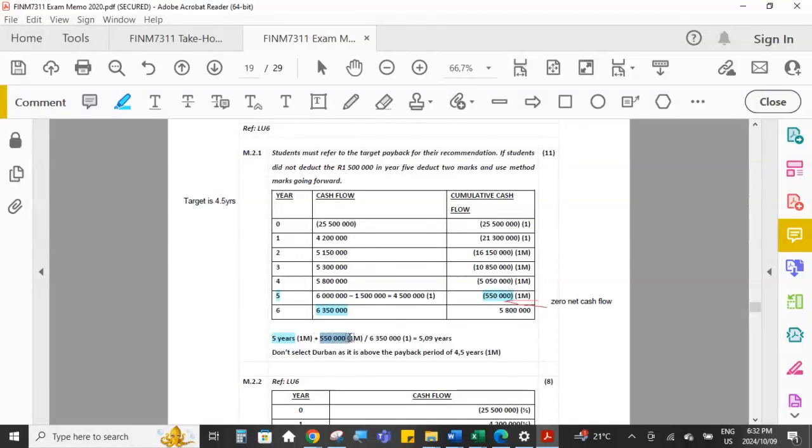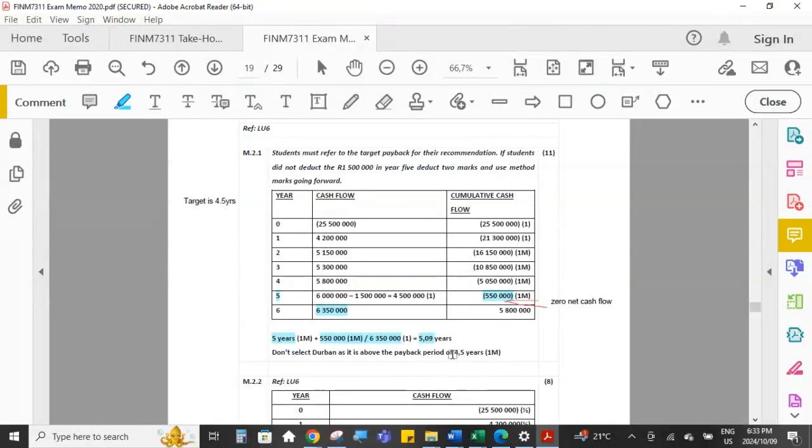Here you can see 550, the last negative cash flow, over the next cash inflow. That tells us the exact point that we reached 0 net cash flow was at 5.09 years. So it's going to take this project 5.09 years before it reaches that payback point.